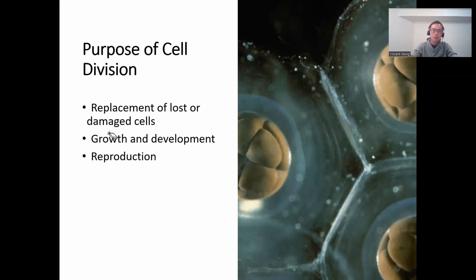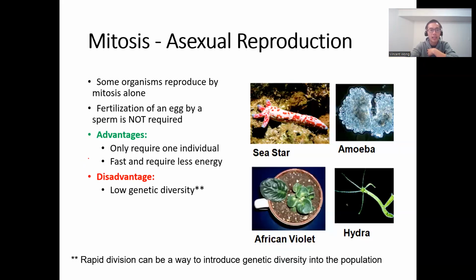And in some organisms, not humans, cell division is important for reproduction, in what we call asexual reproduction. Humans and many animals do sexual reproduction.